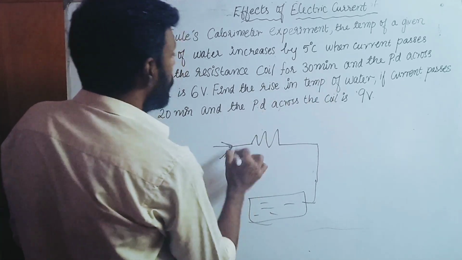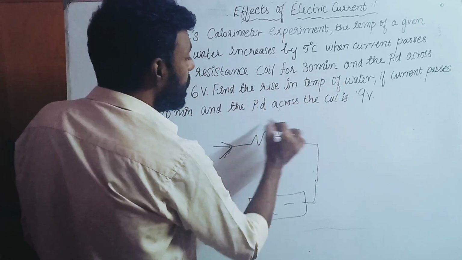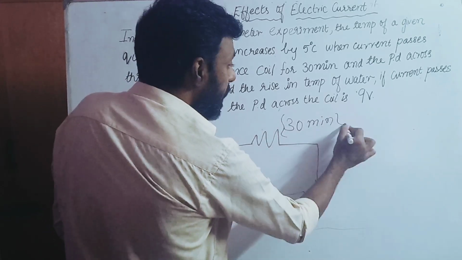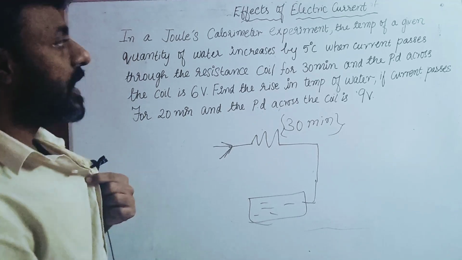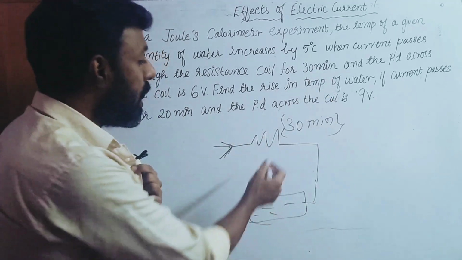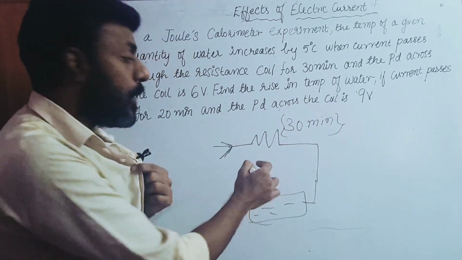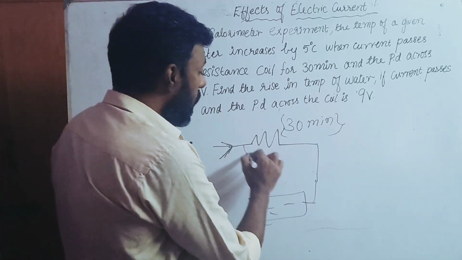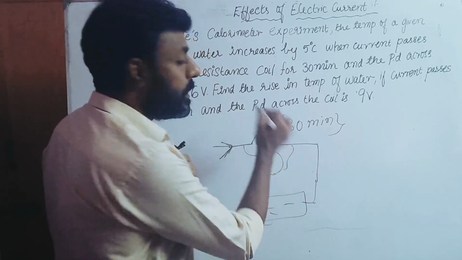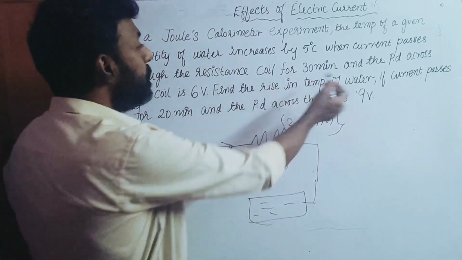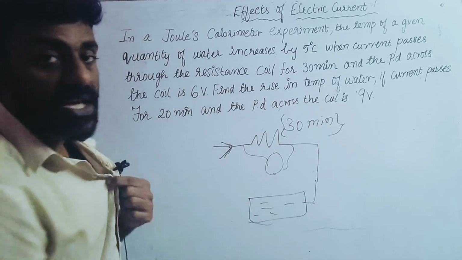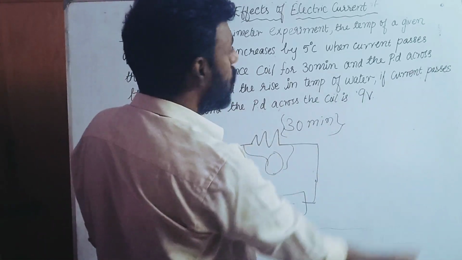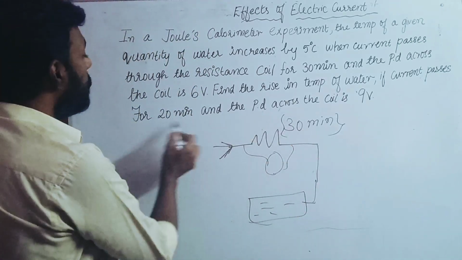So the current is passed for 30 minutes. The time interval that has been recorded for the passage of current is 30 minutes. And while current is passing through the resistance, a voltmeter is connected across the resistance coil, and the voltage value is recorded as 6 volts. Now they are asking us to find the rise in temperature of water if the current passes for 20 minutes.